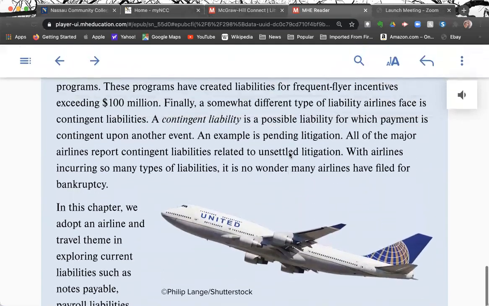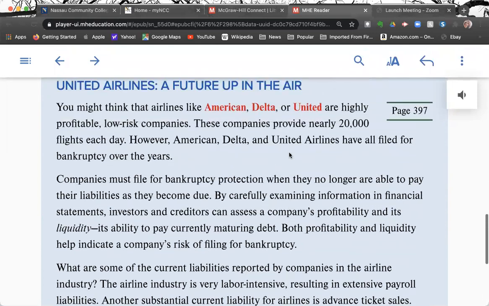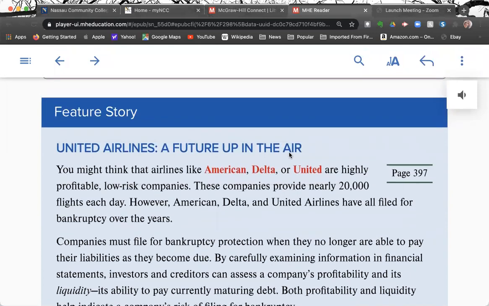So they use an example here of airlines when they talk about liabilities, because airlines borrow lots of money, right? They're known for that. And as a result, airlines usually are bad investments because they have so much debt. And if you have something happen to the economy like is happening right now, who's flying?